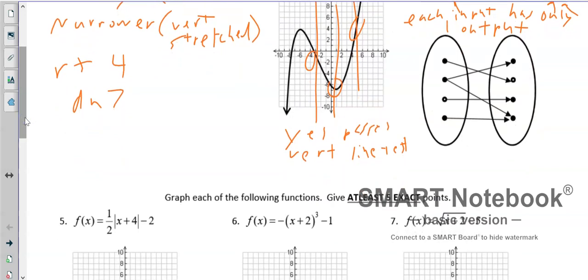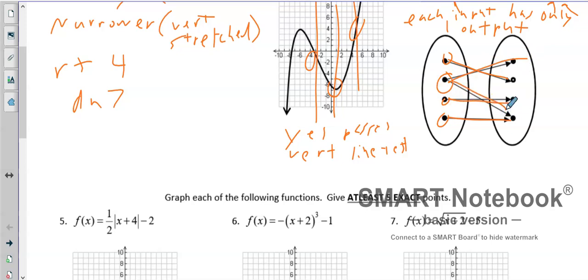Here, we have no numbers, okay? It doesn't really matter. The idea is this input has one output. This input has one output. This input has one output. Here's the problem. This input has 2 different outputs.